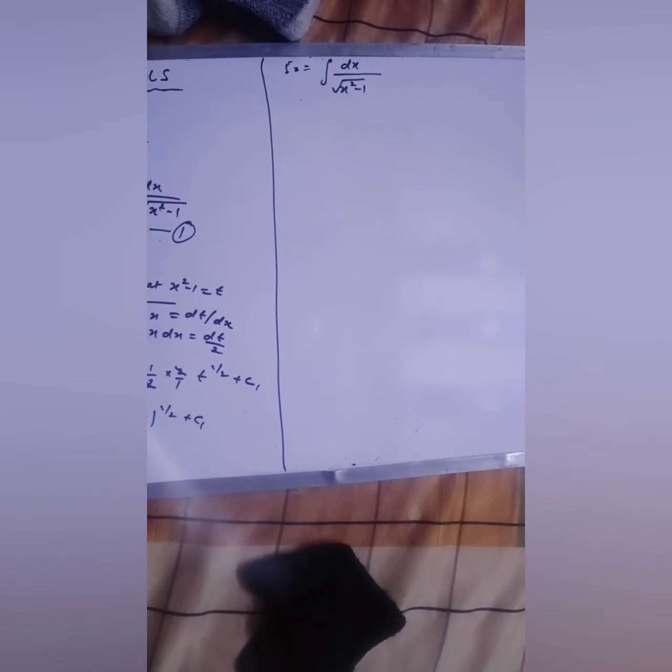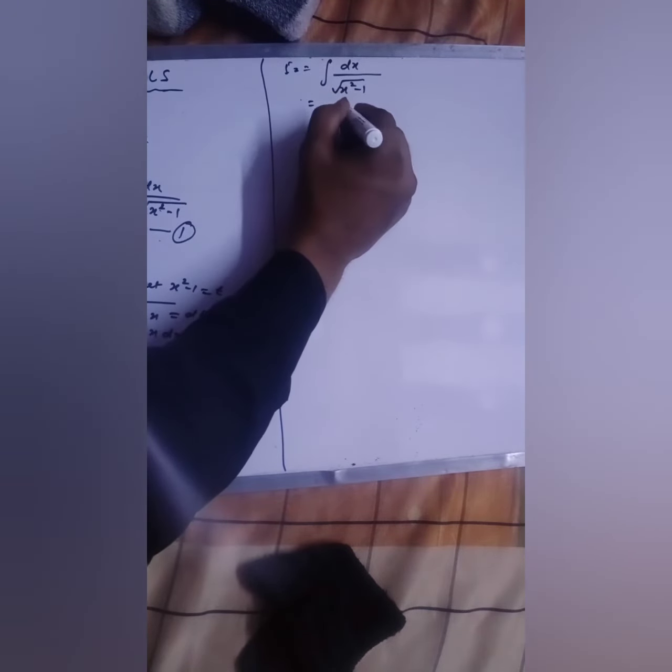So your I2 is dx over this one, that is dx over under root x square minus 1 square, since 1 can be written as 1 square.